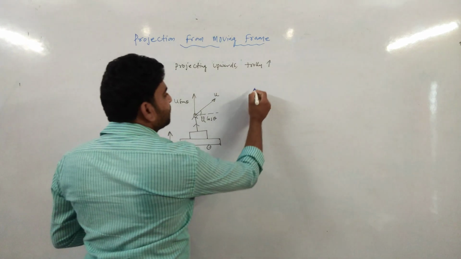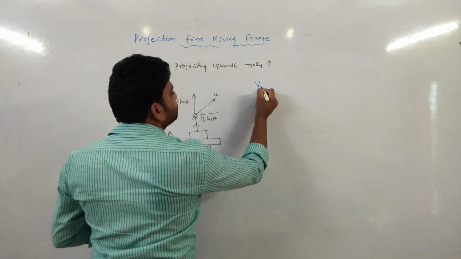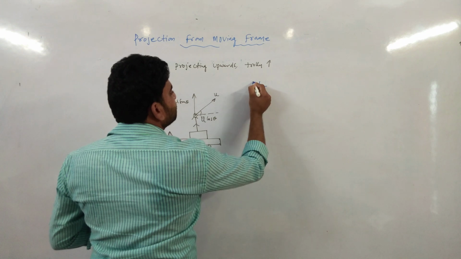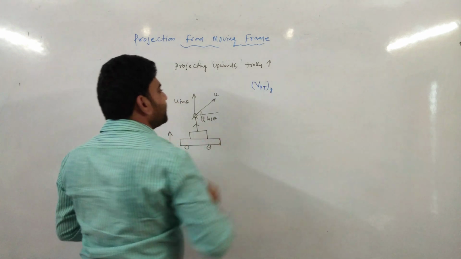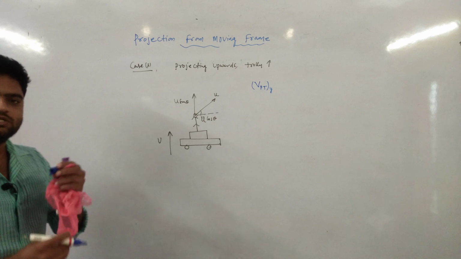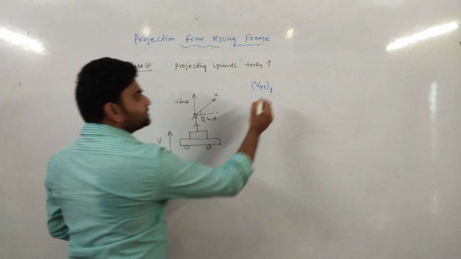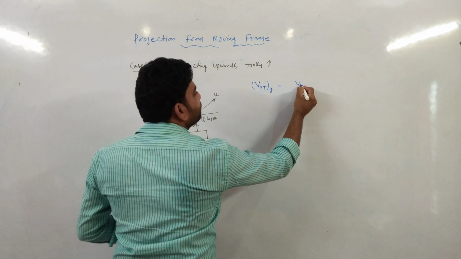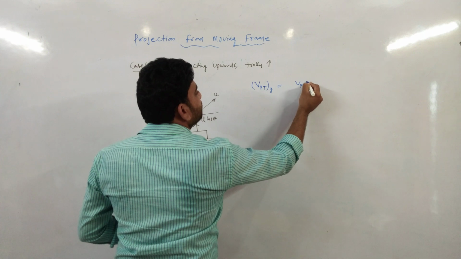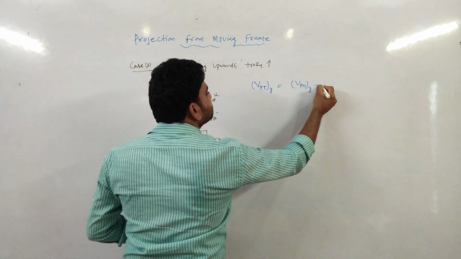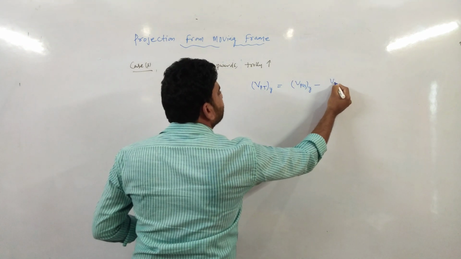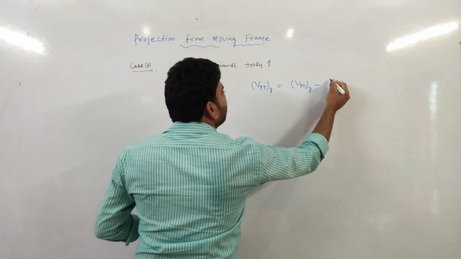Now we have a formula, that is velocity of projection with respect to trolley. Here we have to consider the y direction, as it is moving upward, which equals velocity of projection with respect to ground along the vertical direction minus velocity of trolley with respect to ground along the y direction.